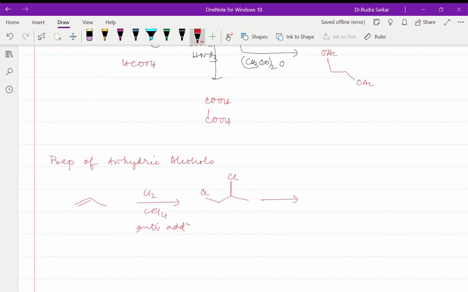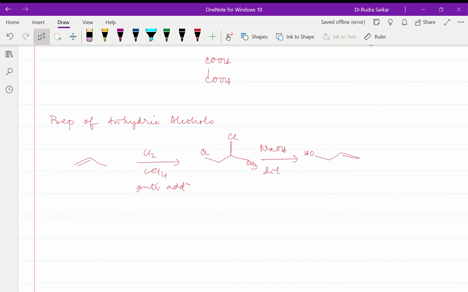And if you use dilute NaOH, one of the Cl will be replaced by OH and elimination will take place. So elimination and substitution are taking place at the same time. Okay, this is CH3, alright?